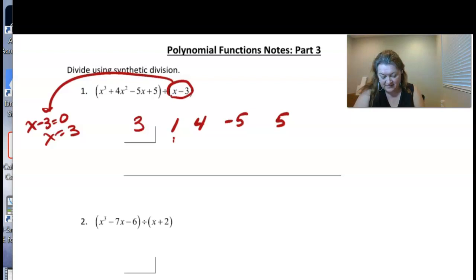All right, so here is how we do synthetic division. The very first step you do is you bring the first number down to what I call the answer line. Your next step is to multiply this number times 3 and put it underneath the next column.